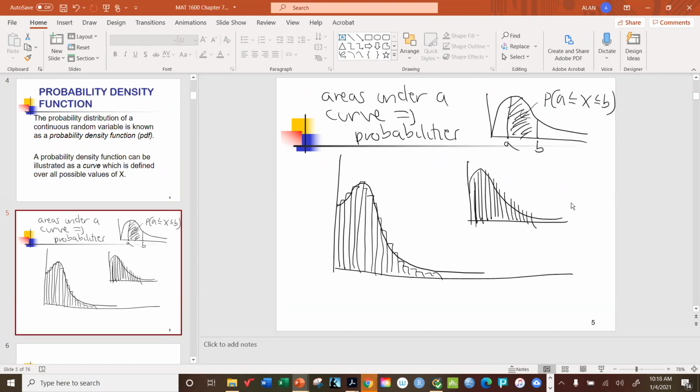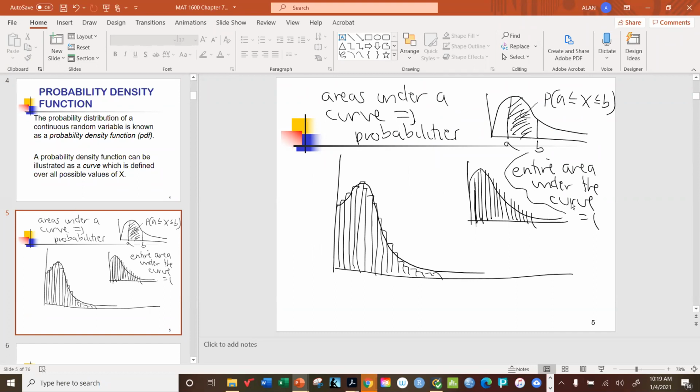In other words, what that implies is that the entire area under this curve equals 1. It has to, because the entire area under the curve represents all the possible values of x.